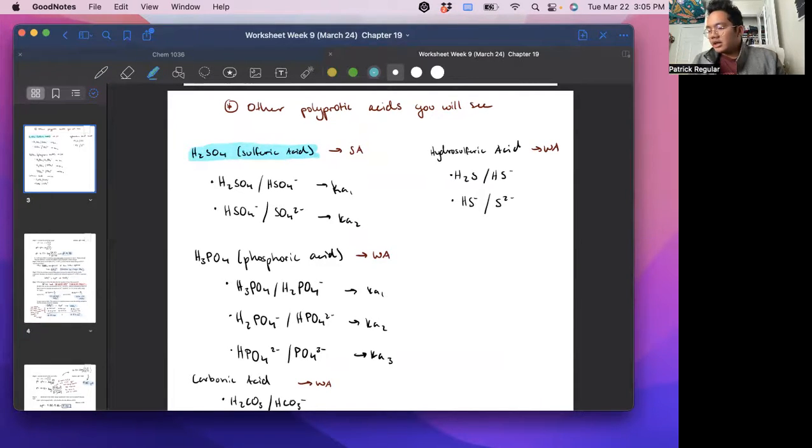All right. And you see right here, for each proton that's being lost, you have different Ka values, because as a compound loses hydrogens, it's going to lose the other hydrogen at a much smaller rate, right?